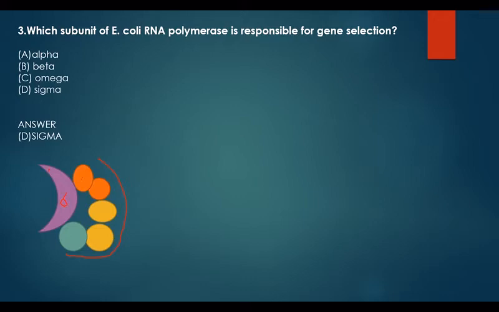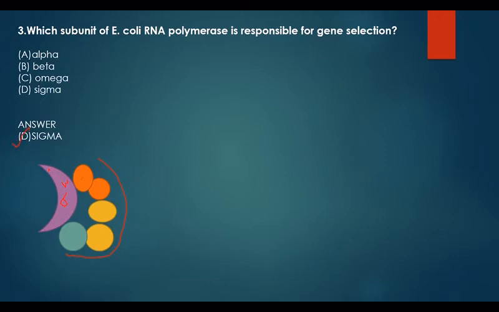So the sigma subunit is the functional subunit. It differs from one gene to another. Which gene must be transcribed is known only by this sigma subunit. So the main important functional subunit is the sigma subunit. So the answer is obviously sigma subunit.